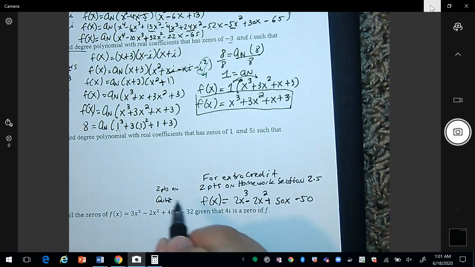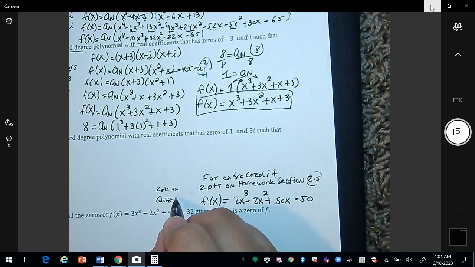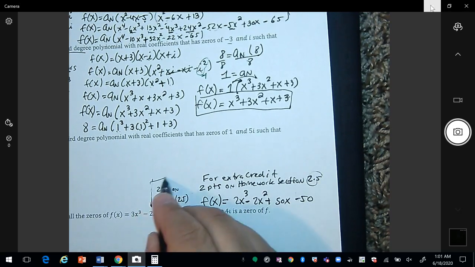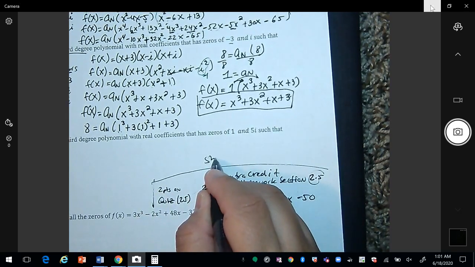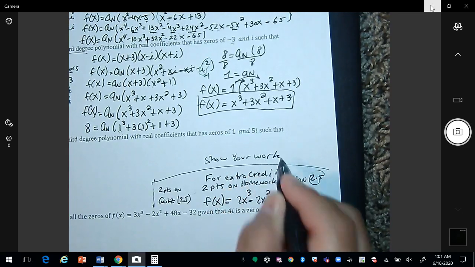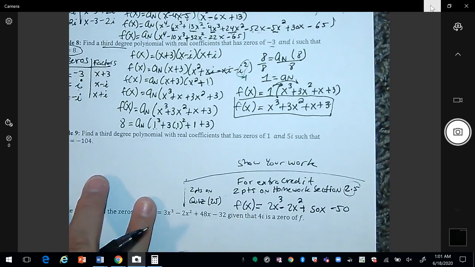I believe it's quiz 6, but it'll be the quiz that includes that section. So quiz with section 2.5. So show your work and submit it through email.